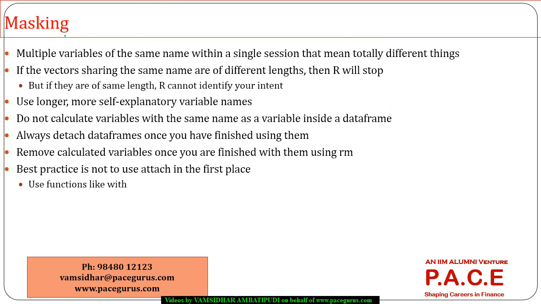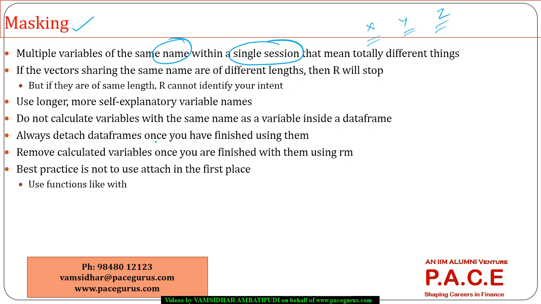One more thing: that is what we call masking. You may have different variables with the same name within a single session, where the meanings are completely different. Especially if you use simple variable names like x, y, z, there is always a possibility that you use them for different purposes.